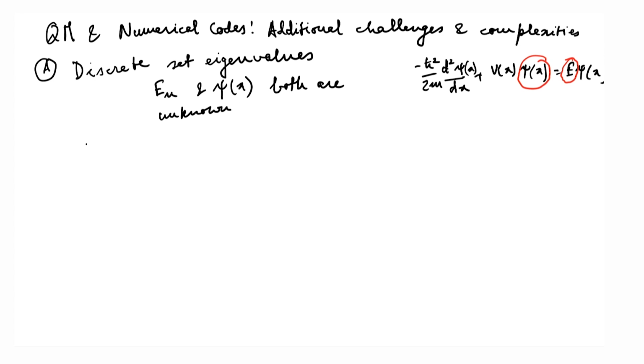What we know is that for each E n we have a solution psi n. But the complexity lies in the fact that only certain eigenfunctions are allowed, based on the type of the problem and the boundary conditions we are applying.